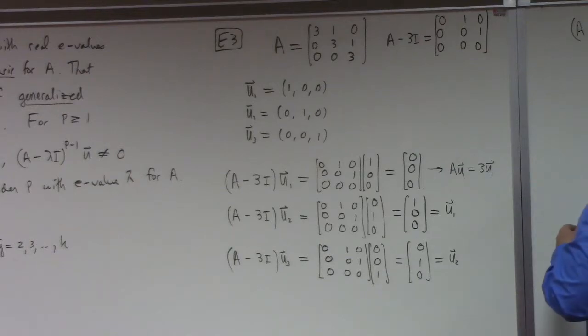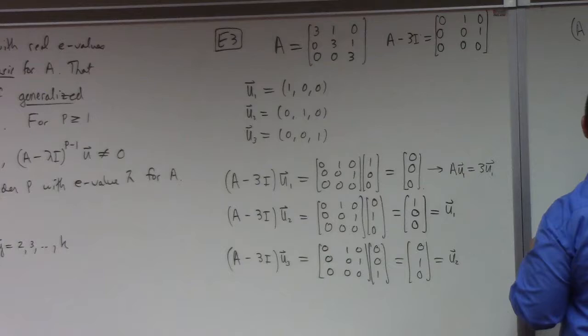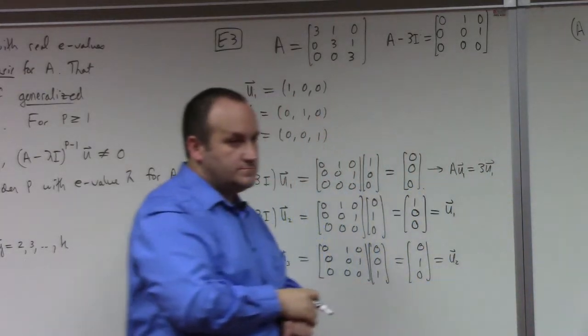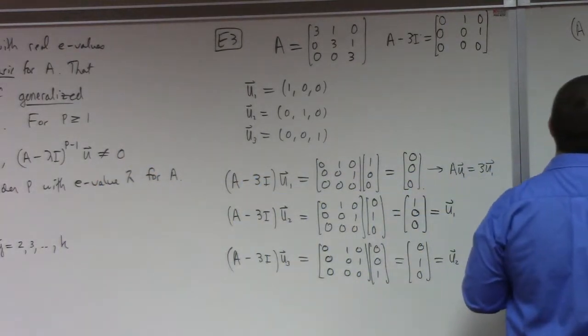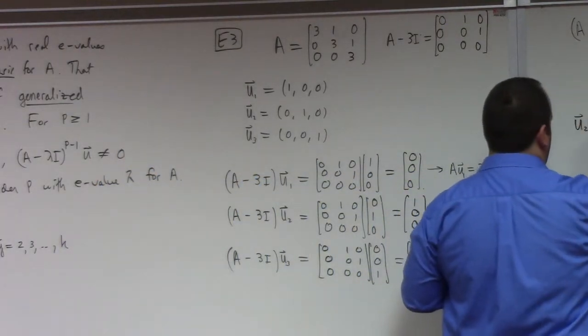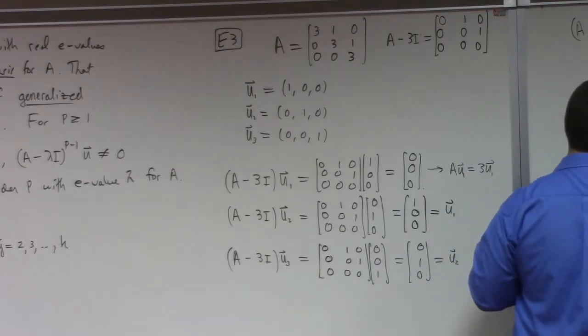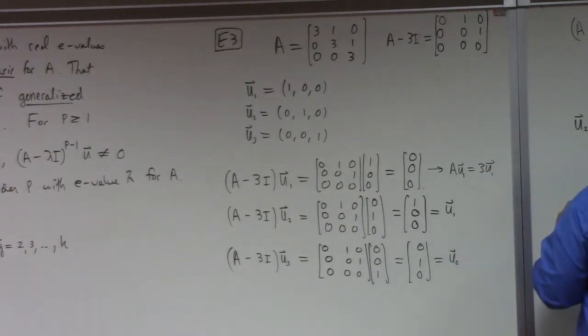Right, so this is A minus 3I times U1, which is zero. So we have the situation that U2 is a generalized eigenvector of order 2 with eigenvalue 3.